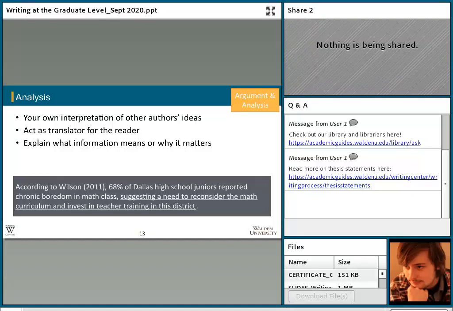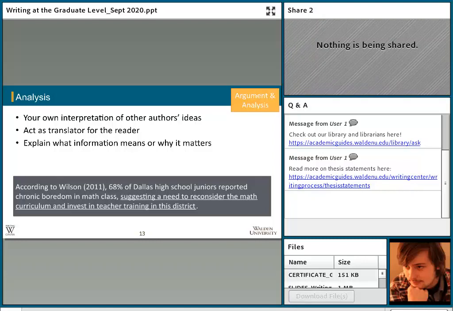Here's what analysis can look like. According to Wilson, 2011, 68% of Dallas high school juniors reported chronic boredom in math classes, suggesting a need to reconsider the math curriculum and invest in teacher training in this district. We have a piece of source material at the beginning of this sentence. It's that Wilson paraphrase that we saw in our previous slide. But just presenting that idea is not enough.